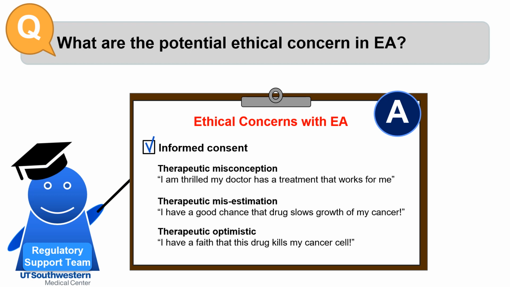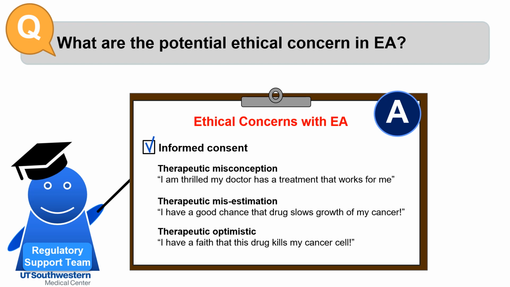As you can see here, patients and their family members who run out of treatment options have a tendency to misestimate the chance of treatment benefit, or sometimes they underestimate the treatment risk. This problem is actually very common both in clinical trials and in investigational product expanded access for treatment.